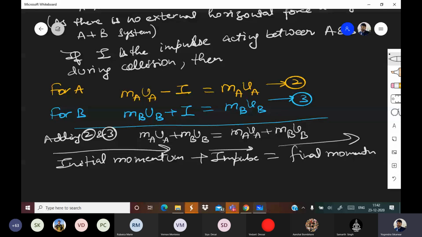So Srushti is saying, sir, so impulse is the internal force. Try to understand. Impulse is a different physical quantity. Force is a different physical quantity. Point number 1, point number 2: force creates impulse. When you get angry and slap somebody, you are exerting impulse on another person with the help of force.